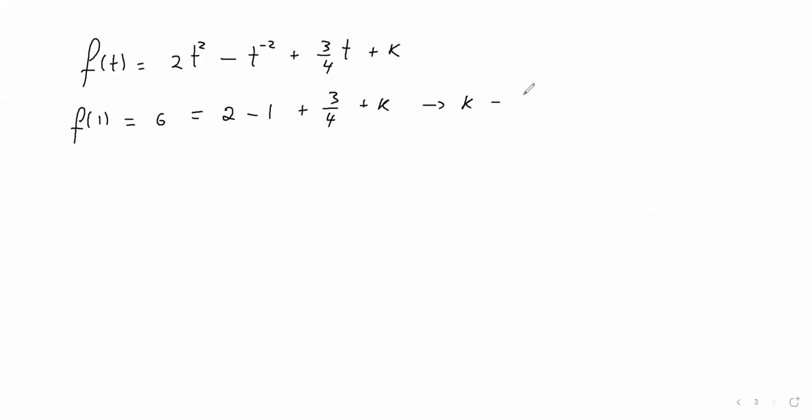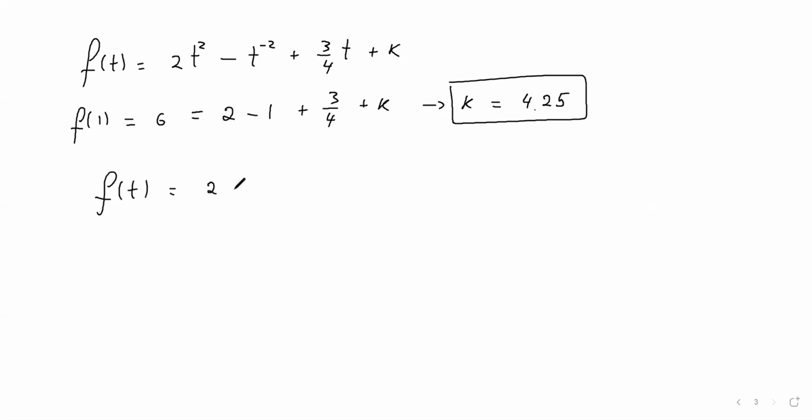And if you solve for k, you will see that 6 minus 1 is 5, minus 3/4, 4 1/4. So k is 4.25. All right, folks. And with that in our bag of tools, 4.25 is, by the way, you can write 17 over 4 if you want. It's not pretty. So I'm just going to keep it this way.